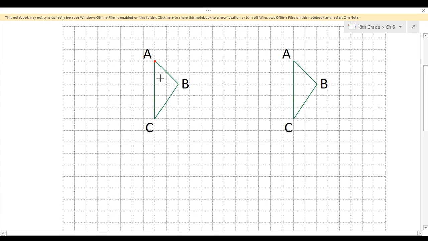Scale factor of 2. So the distance away from the center of dilation is going to double, or multiply by 2. Now, in dilations, anything that is either perfectly vertical, like C is, or horizontal from the center of dilation is going to be a lot easier to move than, say, B, which is diagonal away from the center of dilation.